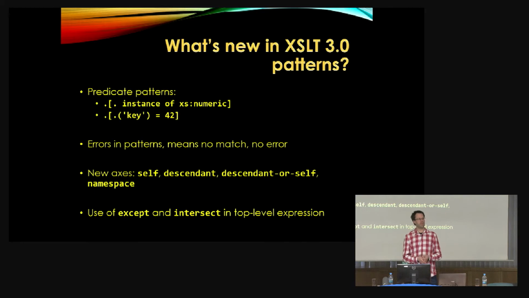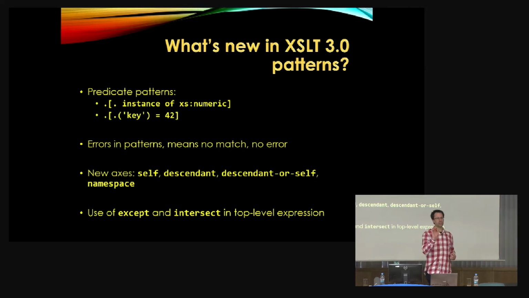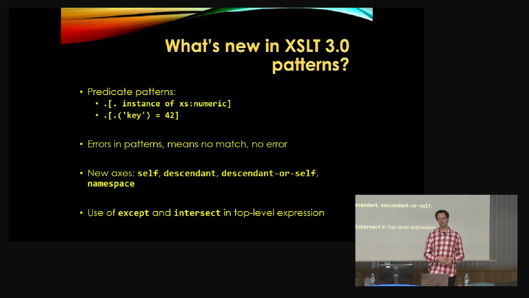A predicate pattern is basically a predicate that says what the thing I'm testing must be for this template to be executed. It always starts with a dot, and then a bunch of predicates. Other than the first dot, it works exactly like any other XPath expression.